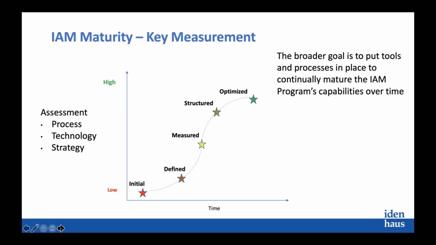When we put IAM into a maturity model and assess a company's current state, IAM initiatives can be identified that will move a company up the maturity curve to establish a stronger security posture over time.